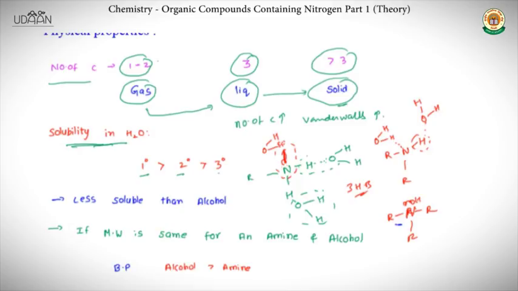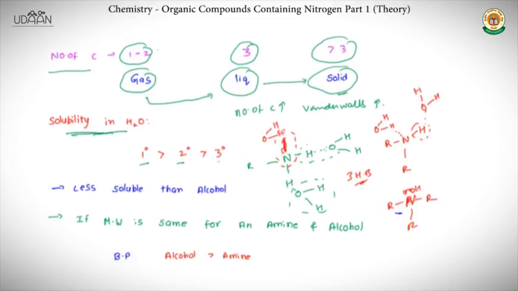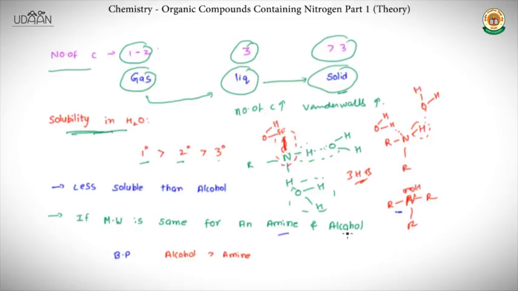Now, one more important thing is that if you compare amine and alcohol, alcohol is more soluble than amine. That is, amine is less soluble in water, as you have seen here. Now, one more thing is that if you take an amine and an alcohol of the same molecular weight, the boiling point of the alcohol will be greater than that of the amine.